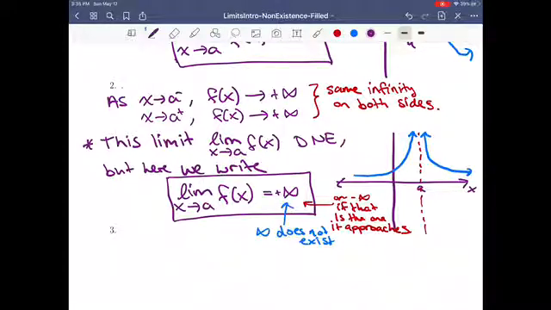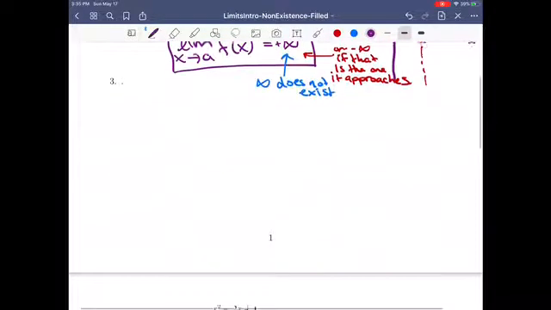It doesn't exist. We just use it to say that things are getting really big, or really small, going to negative infinity. So the idea here is that they're approaching the same infinity on both sides. The idea with number 3 is that they maybe approach different infinities.